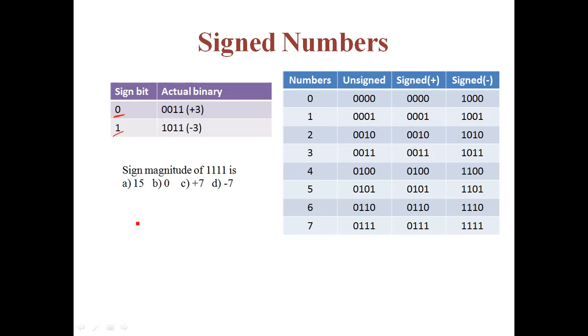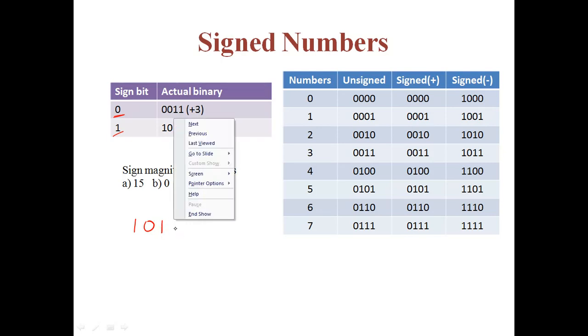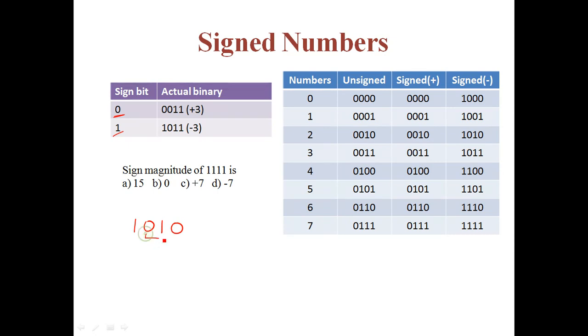For example, this will be the number and this will be the sign bit. The first MSB bit is the sign bit and the rest of the bits are magnitude bits.